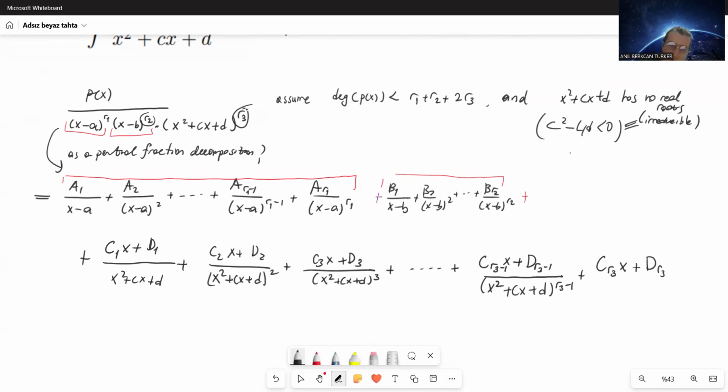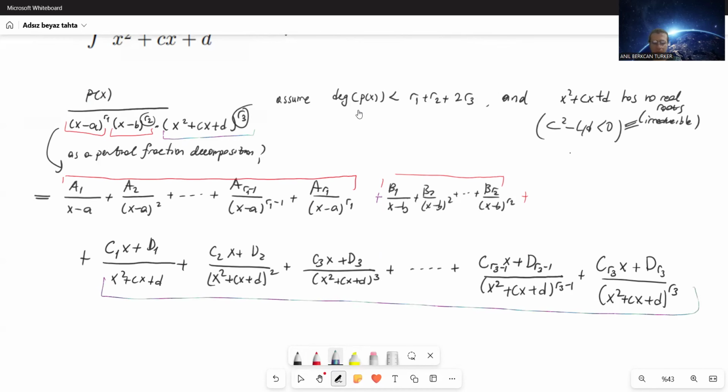Instead of r3 you can put k, etc. Lastly, your power must be the full one, it must be r3. As you can see, this corresponds to the last one. So this corresponds to this part.